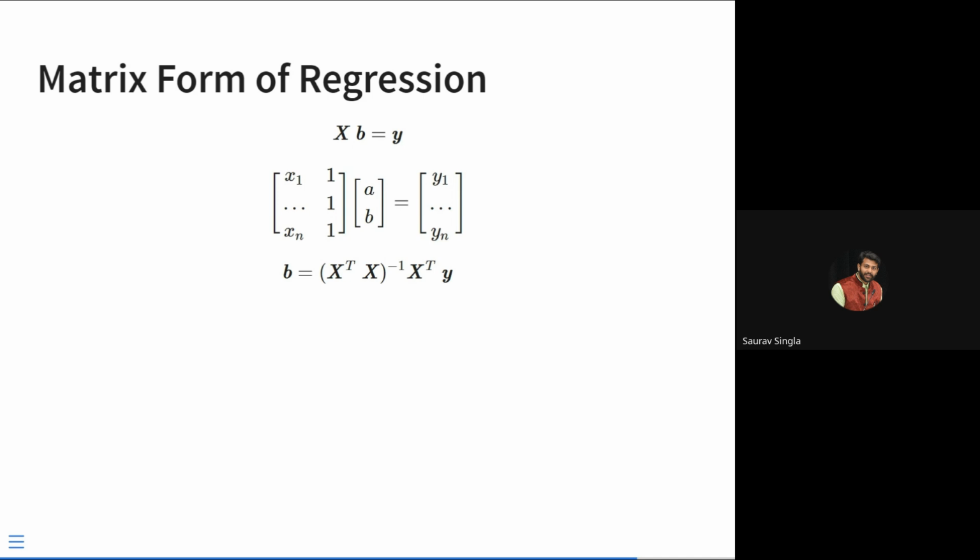Here, we want to show that if there is a variable x, then there will be a reading on x, like the reading on the first car, the reading on the second car, the reading on the third car, and the reading on the nth car. Then we make one extra column of 1 1 1 1 1, and there are two coefficients, one is a, one is b.